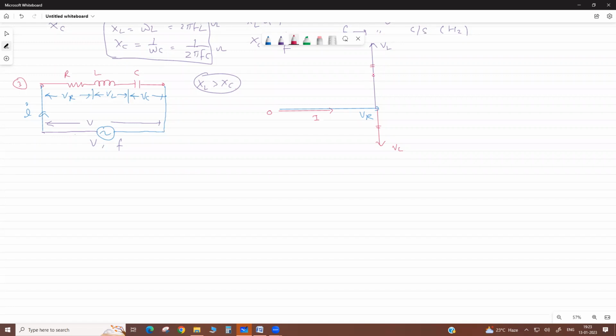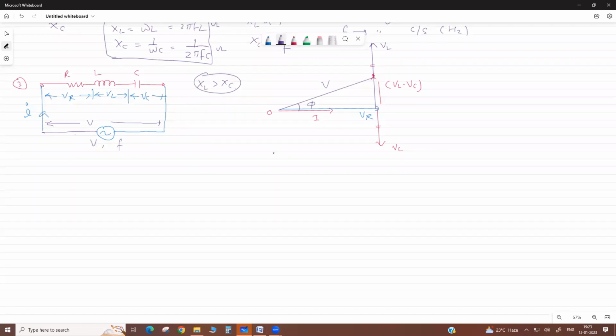Net value up to here will give you VL minus VC, correct? Then this VR plus this difference will give you total voltage, and between total voltage and current is the phase angle.